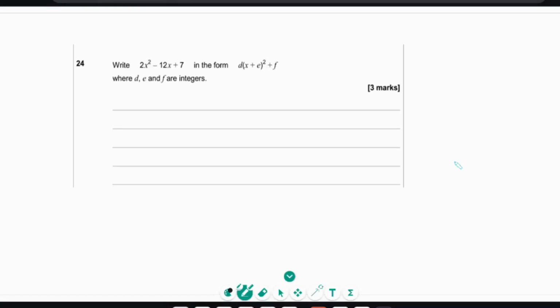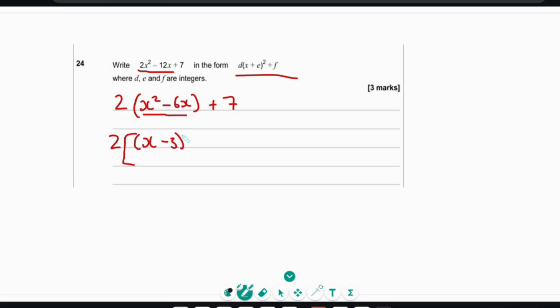Question 24. Write 2x squared minus 12x plus 7 in the form. Well, we're completing the square, aren't we? So we can only complete the square when the coefficient of x squared is 1. I'm just going to put the first bit into a single bracket. If I divide both of these terms by 2, I get x squared minus 6x. Okay, now I'm going to complete the square here. Half of minus 6 is minus 3.